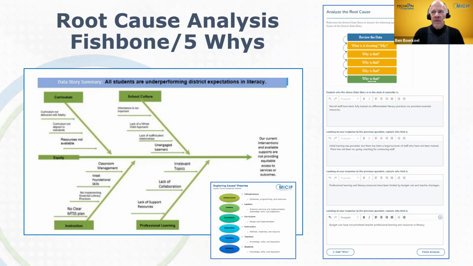Just a couple caveats. You'll notice that teachers and students are listed as possible categories, and these are research-based categories around potential causal theories in education. One thing we want to be careful of is two things. Number one, that we don't blame the students, even though student characteristics can certainly have an impact, this doesn't become about blaming the students.